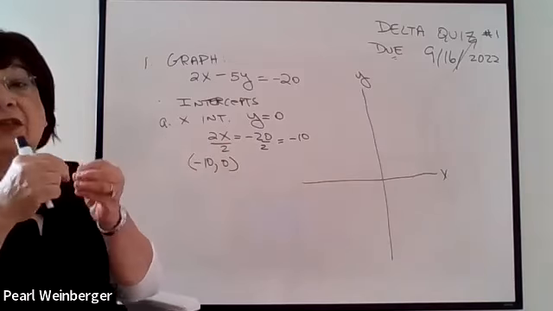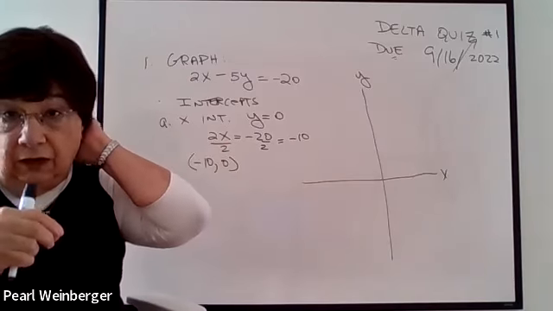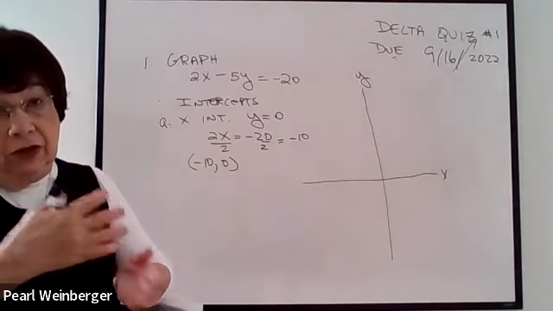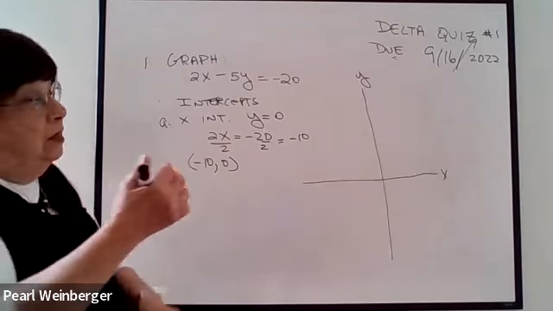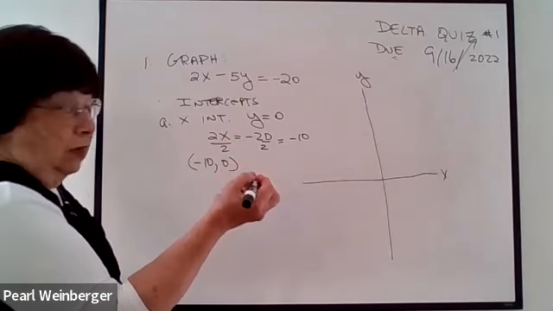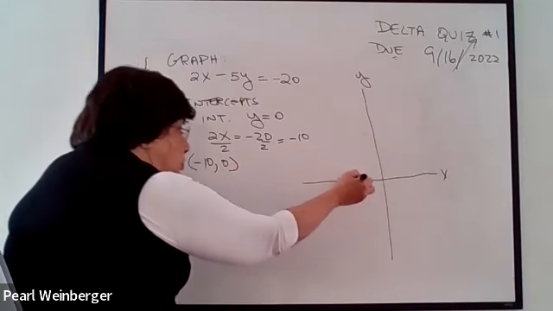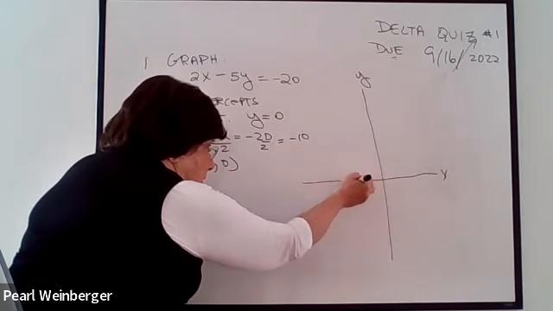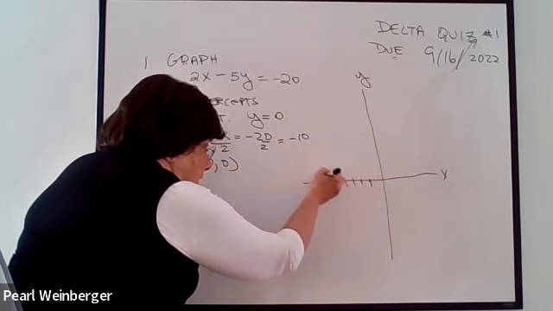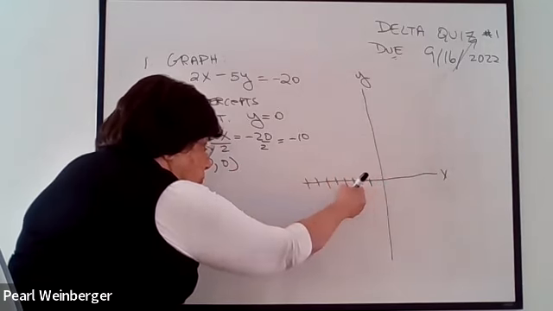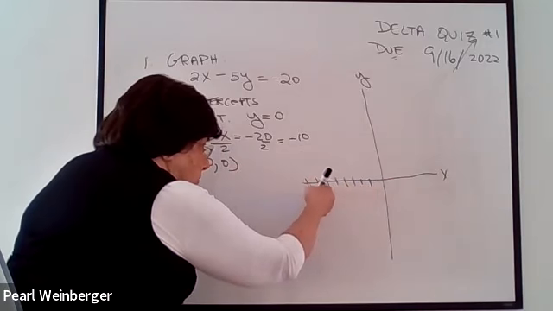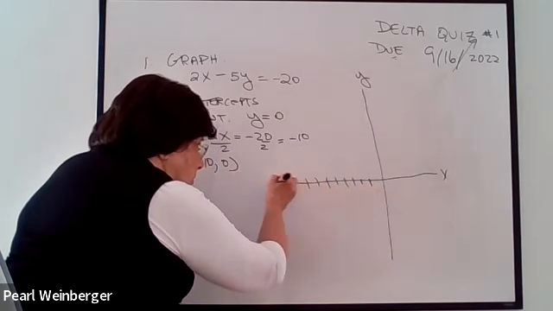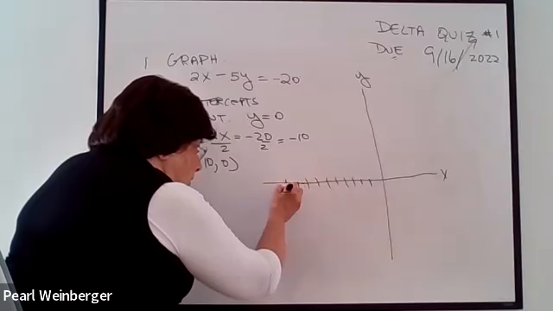But if you just say that the x-intercept is -10, you're really giving all the information, and that is considered a correct answer as well. So what does that mean? It means if we go to the -10 on the x-axis, okay, we have 1, 2, 3, 4, 5, 6, 7, 8, 9, 10.